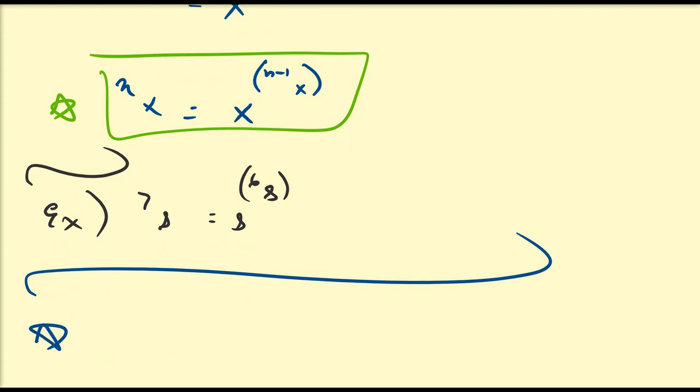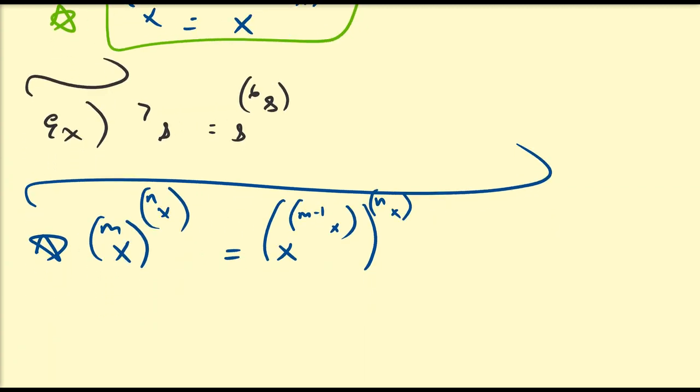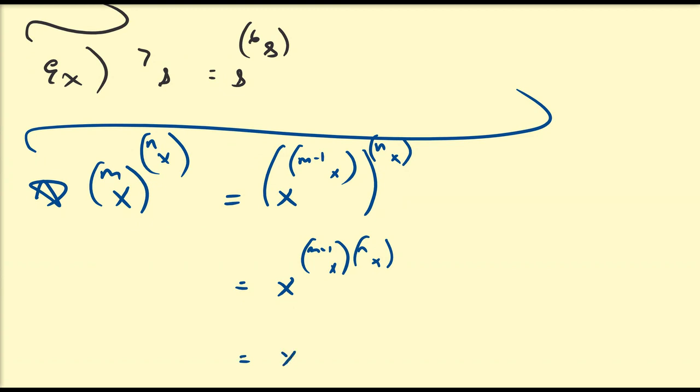Another property: suppose we have the mth tetration of x raised to the nth tetration of x, right? From the property that we just derived, this is the same thing as x to the power of the (m minus 1)th tetration of x, and all of this is raised to the nth tetration of x. Power to a power, so this is the same as x to the (m minus 1)th tetration of x multiplied by the nth tetration of x. And we can of course reverse these two: the nth tetration of x raised to the (m minus 1)th tetration of x.